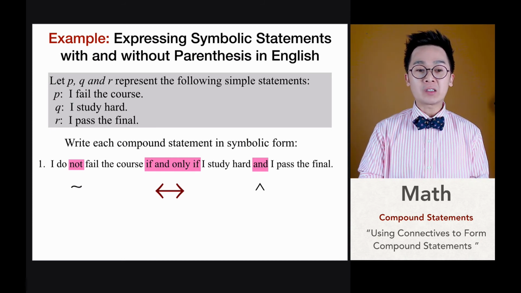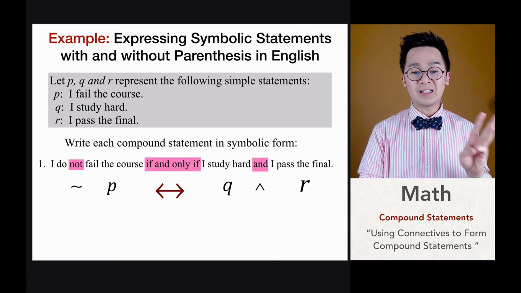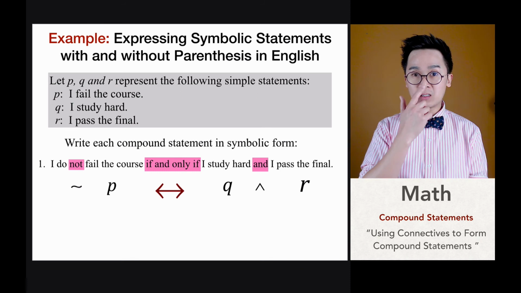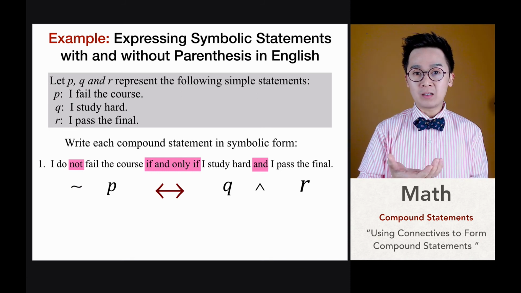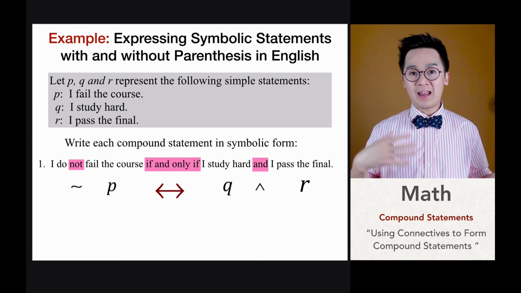So if we are going to be looking for statement P, statement Q, and statement R, it'll be fail the course, study hard, and pass the finals, and those are P, Q, and R respectively. And you are seeing now that our biconditional statement, which is the dominant operation, will give you the consequent and the antecedent.